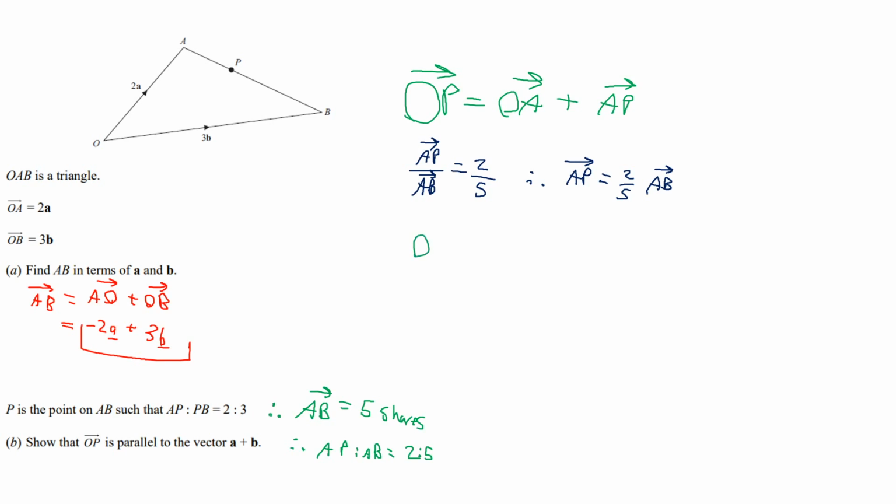So OP is just going to be, what's OA equal to? OA is just going to be 2A plus 2 over 5 times minus 2A plus 3B.